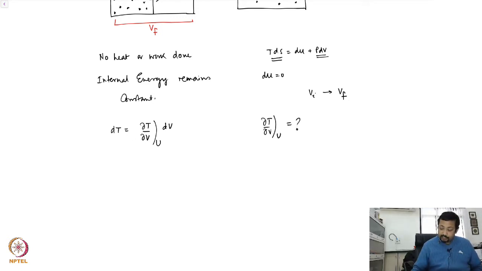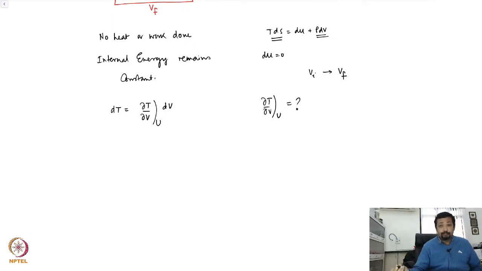So let us apply all our knowledge on partial derivatives. How we can manipulate the Maxwell's relations will also be used. So (∂T/∂V)_U times (∂V/∂U)_T times (∂U/∂T)_V is going to be minus 1.